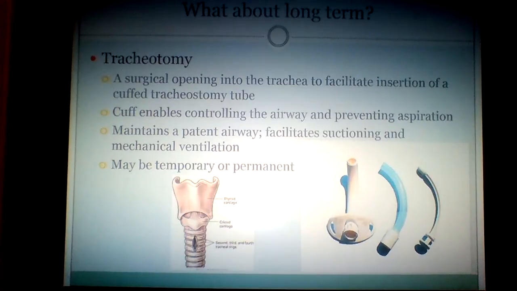Okay. And so, what kind of nurse would I be without putting a picture of a trachea up there and how the doc does it? So if we take a look for a second, guys, there is where our opening is going to be. And then this is our set here. This is the outer cannula, this is the inner cannula, and this is the obturator.